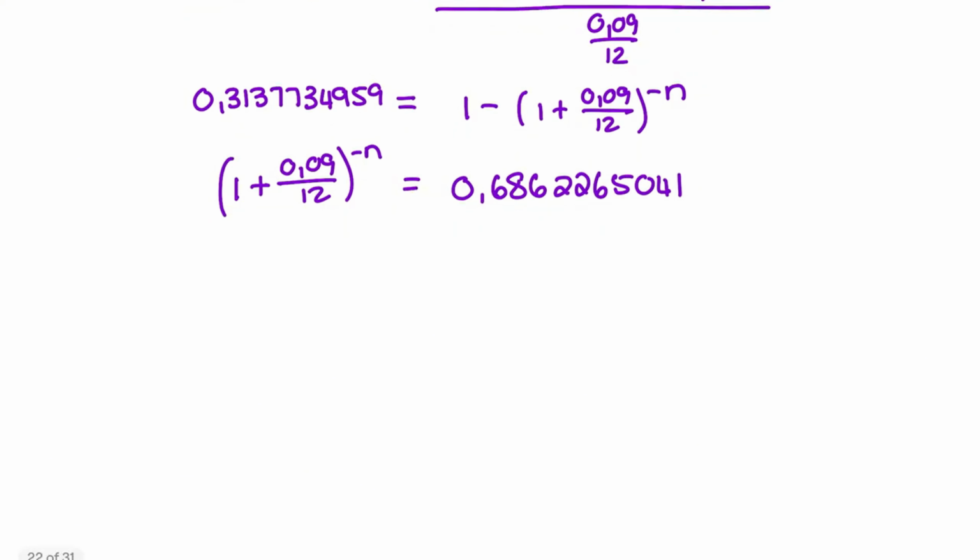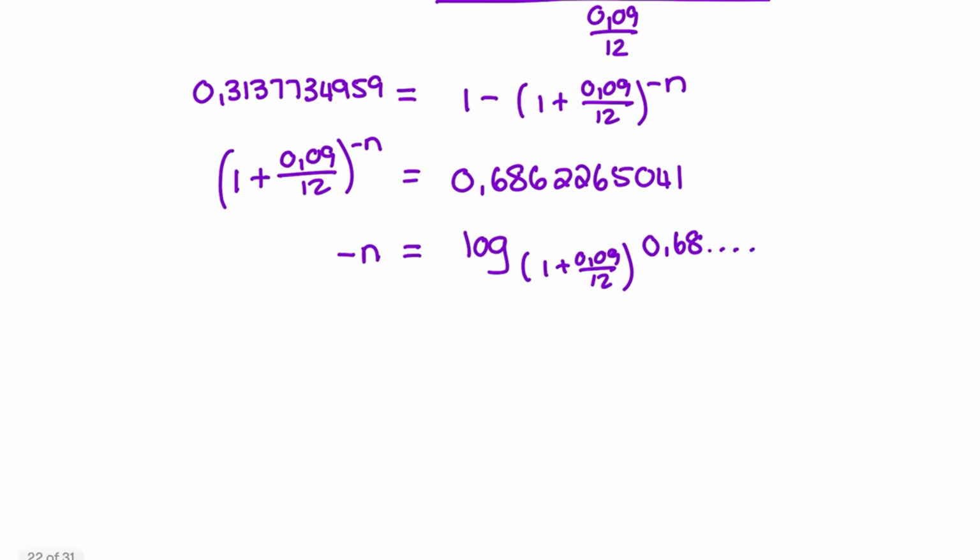Now, in order to find negative n, I'll take the log of my bracket, which is 1 plus 0.09 divided by 12, and the contents of my log is that 0.68. And when I simplify that, I have negative n as negative 50.39.